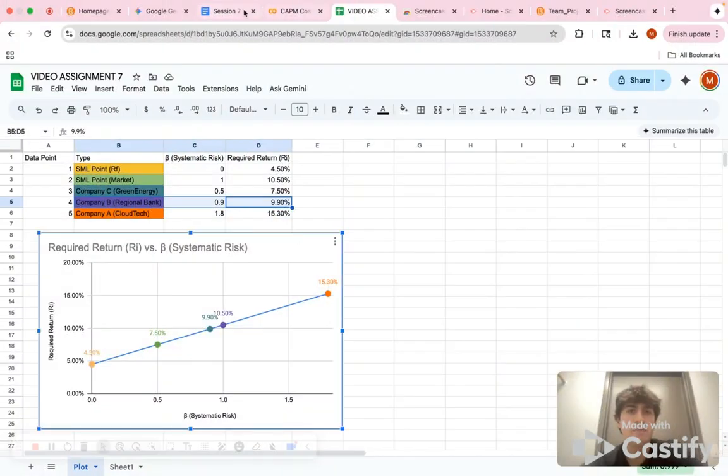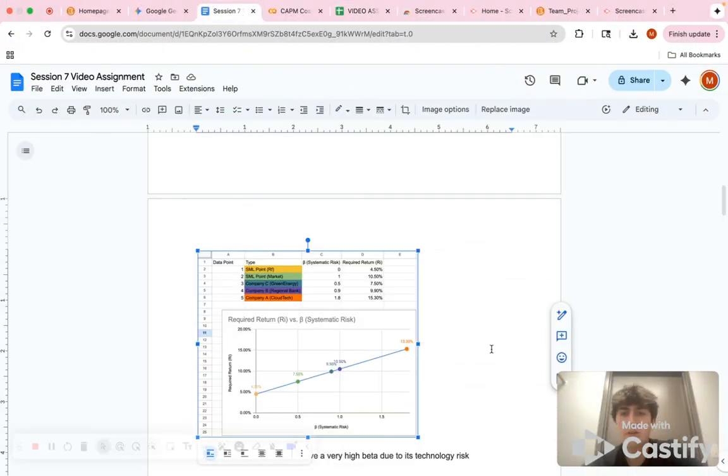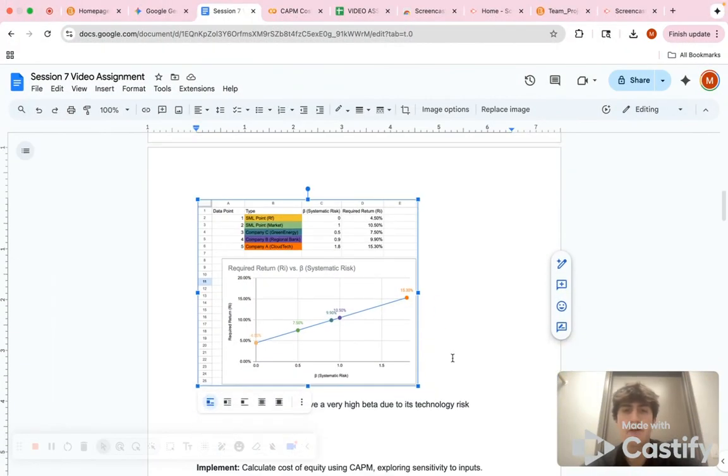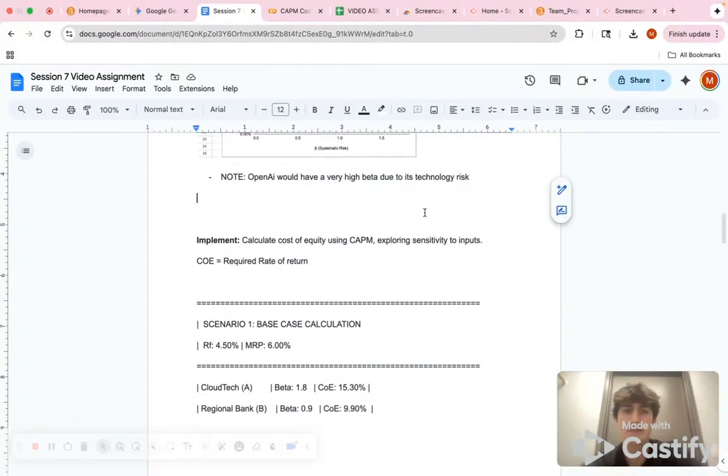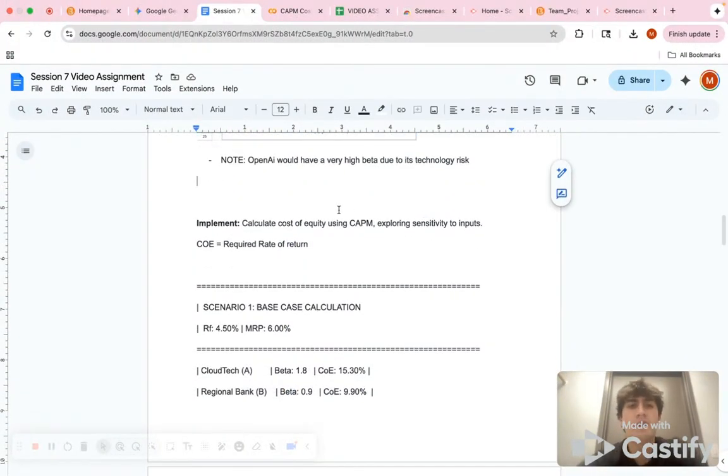And so basically all that just shows on a line where each of the companies stand, and they're color-coded. And then with OpenAI as one of them, it'd have a high beta, because AI isn't established yet. We just want to throw that out there.